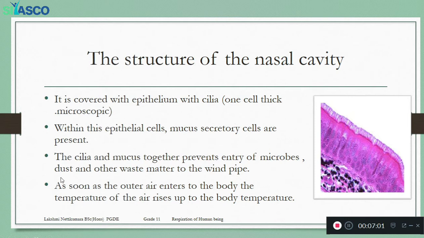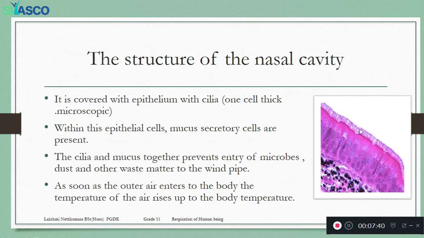So secretion of mucus is a characteristic of this epithelium. Why are this mucus and the cilia there, what kind of function do they do inside the nasal cavity? You can understand that when microbes or virus-like things come, because of these small structures, these microbes will be retained within these cilia, and dust and other particles are also trapped by the cilia.